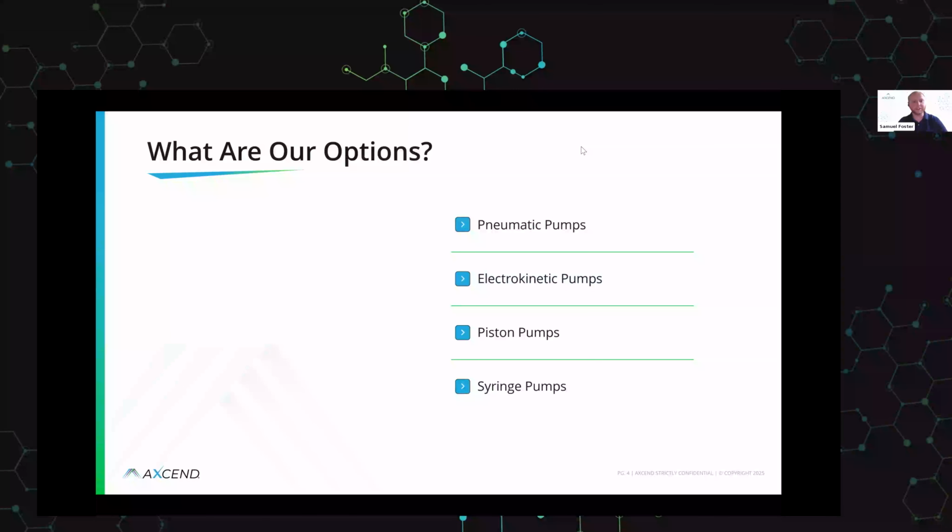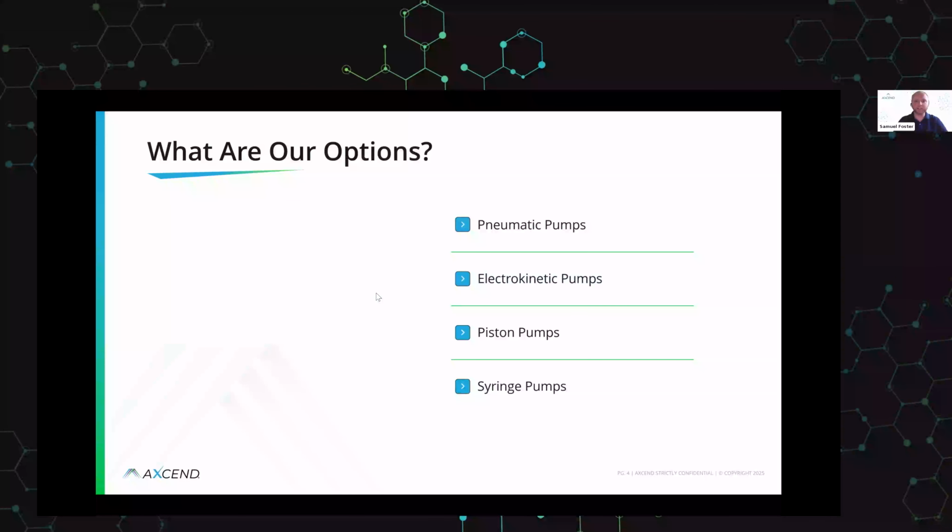Perfect. I think we filtered in. So it looks like piston pumps are in the lead with 50%. We have syringe pumps in second at 35 and new to all of them at 15, with no responses for pneumatic or electrokinetic. And that is really interesting. We'll get into some of that a little bit later.